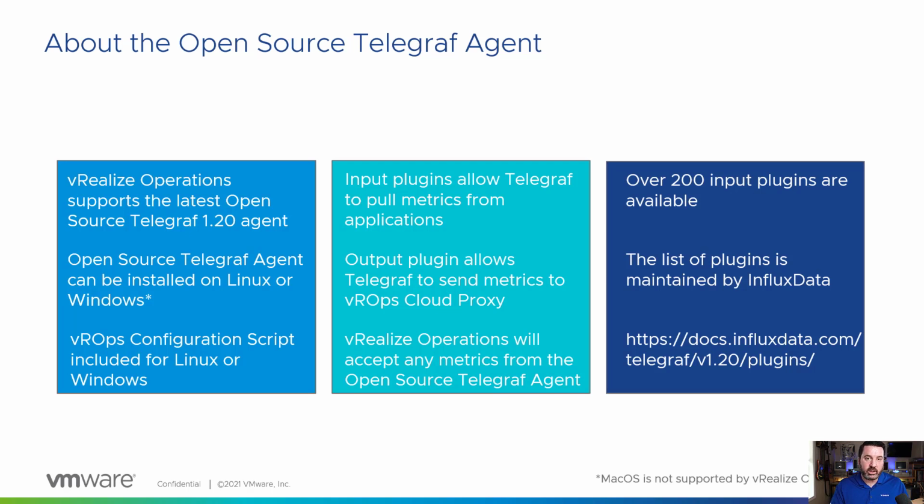Once you install the agent, we've got that script that will configure the agent. And then, of course, you need to configure the input plugins for the open source Telegraf Agent to pull in that data from those applications. And then the output plugins allow Telegraf to send that data to vRealize Operations, but it can also send that data elsewhere as well.